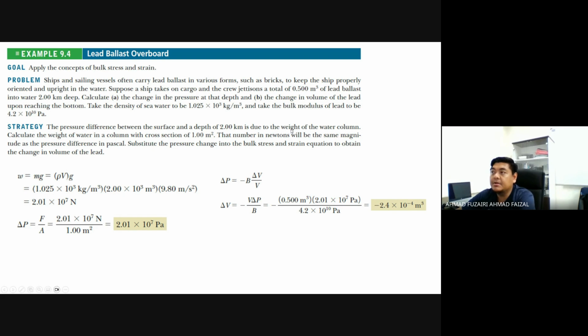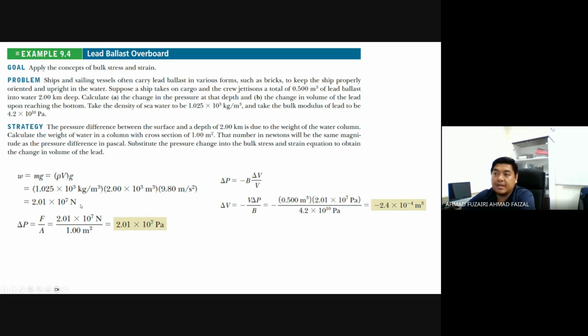And the volume is given here as 2 kilometers deep, which is 2000 meters. And g is 9.8.